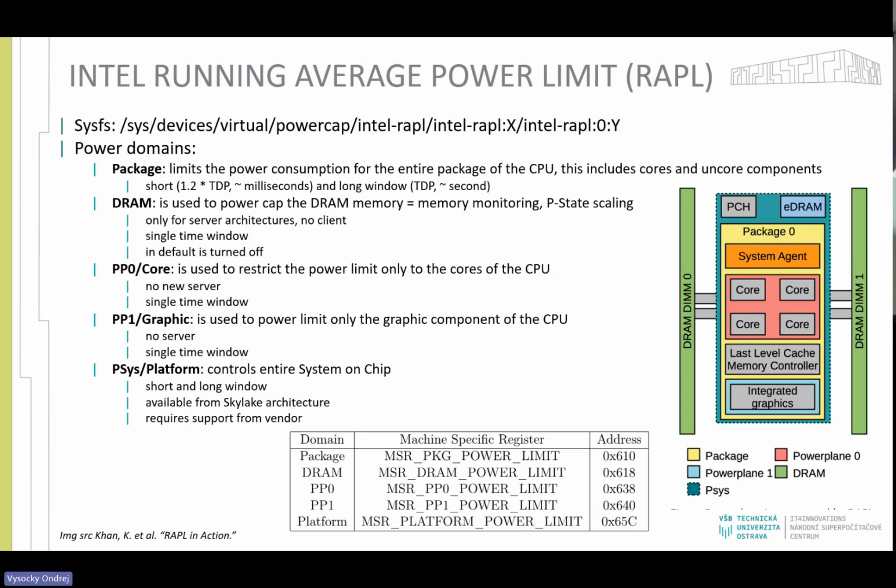DRAM has its own power limit, but from what I know, on at least all server CPUs, it's turned off. But if the user has access to that, it's possible to play with that and turn the power capping on this power domain also.